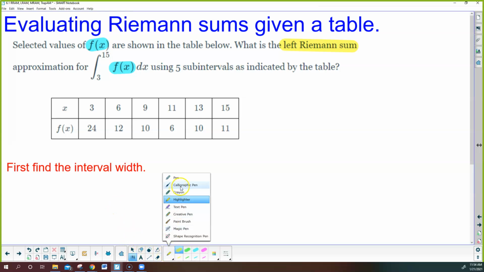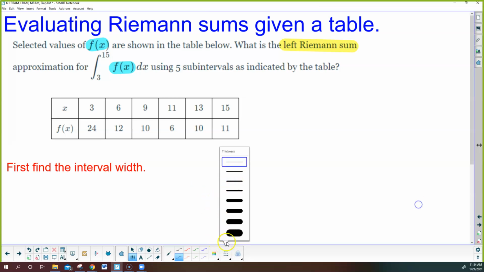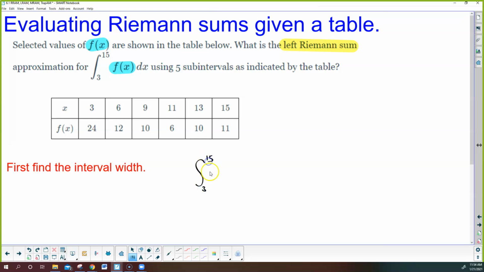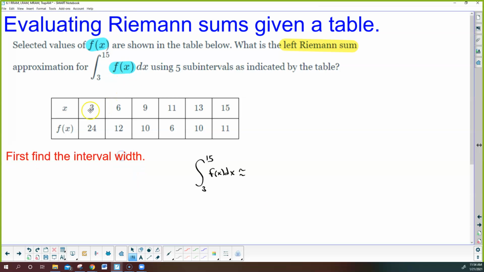And we're going to do this in a couple of steps here. And by the way, I'm going to model the work that you would absolutely need to show to earn full credit on a problem like this for an AP test. So we have our table, and we've got x values that go from 3 to 15.